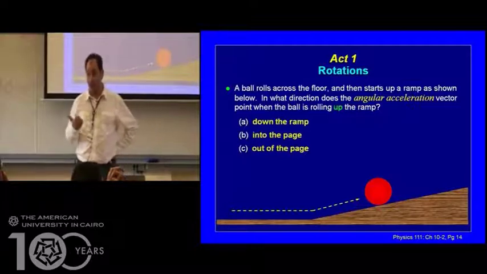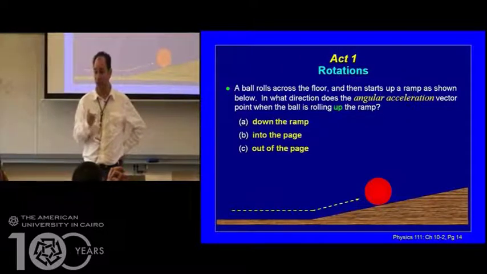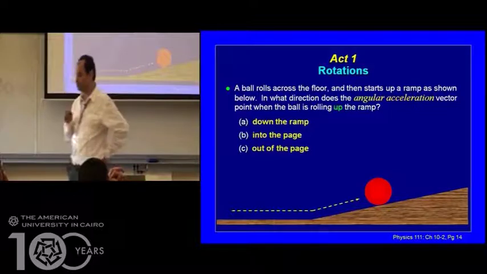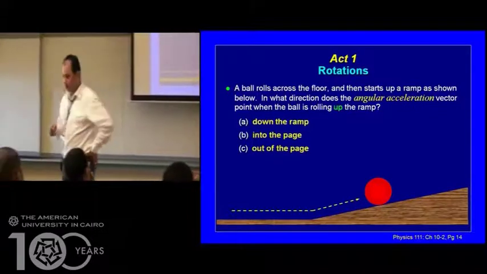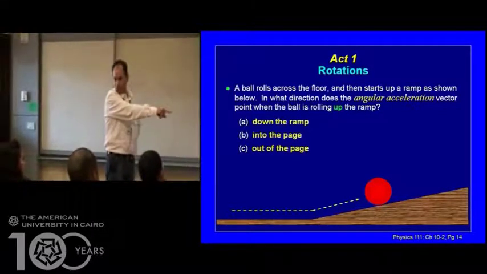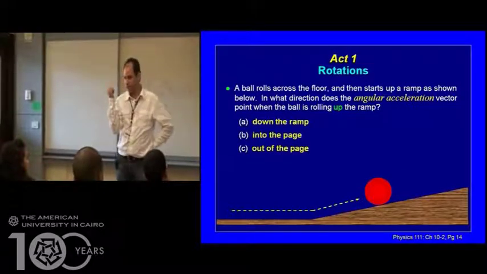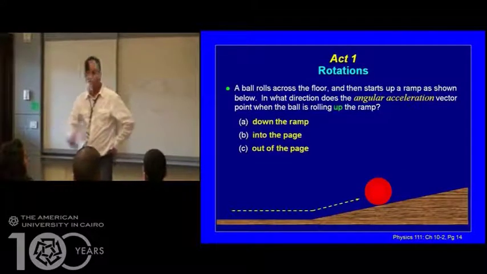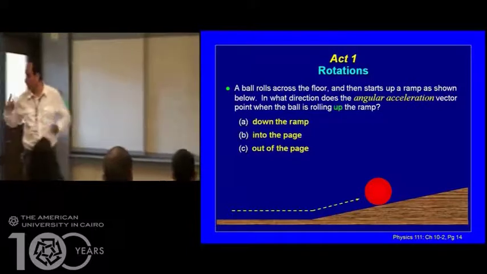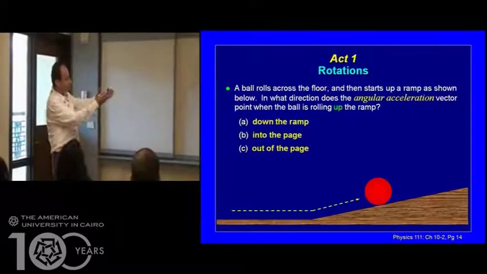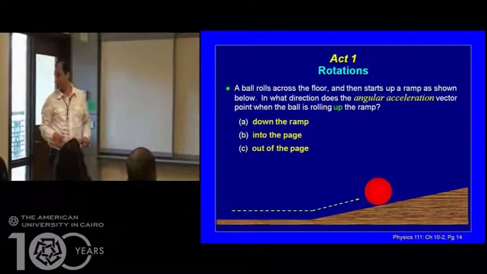The direction of the acceleration has nothing to do with the direction of the motion. Why? Now I'm moving in that direction, and my acceleration is in the opposite direction. So now you have to take that into consideration when we look at that problem again. When it goes up, is it slowing down or is it speeding up?